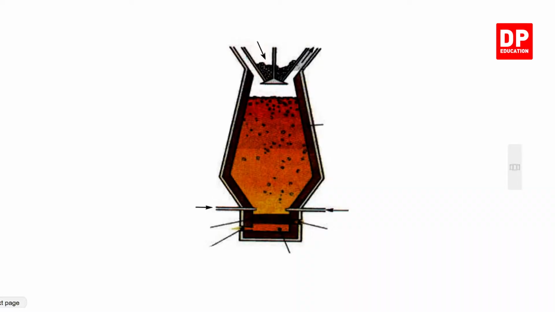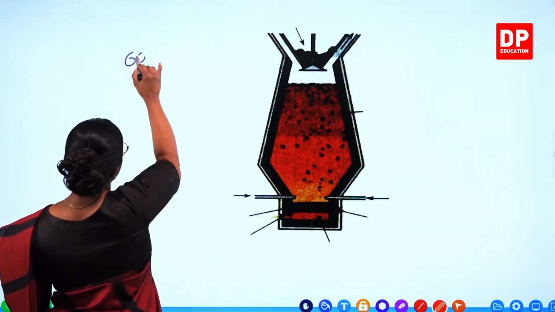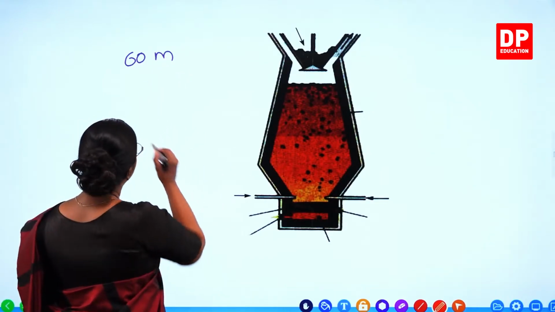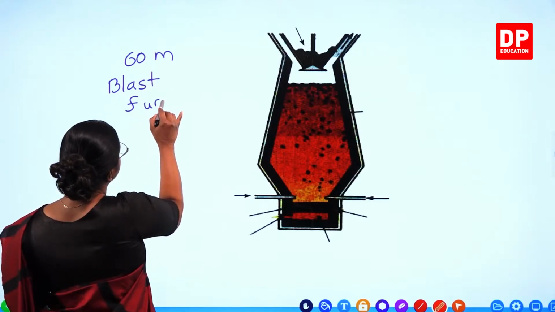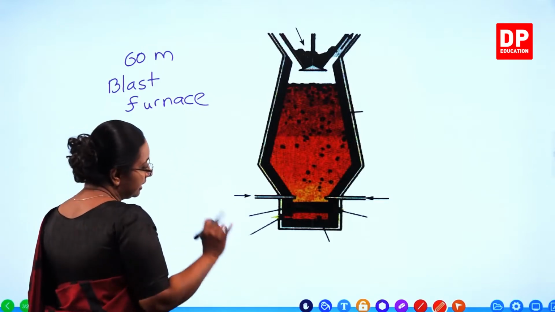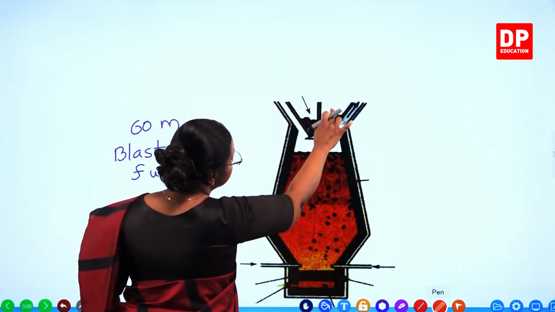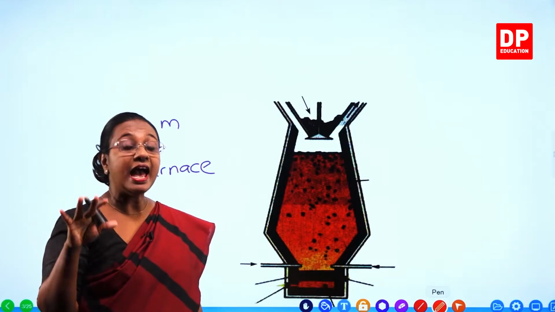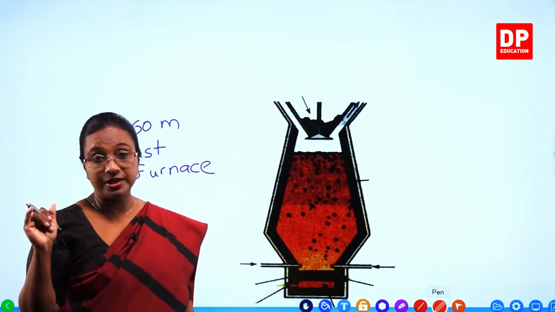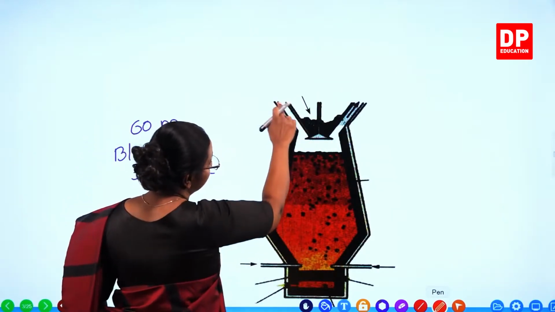So here you can see this is the blast furnace. Now this is the structure about 60 meter in height. You can remember 60 meter in height, and that is the blast furnace. So in this blast furnace structure, you can see this is the raw materials mixed together in their correct proportion, and they are finely ground into powder, and they are all fed into the blast furnace from the top.